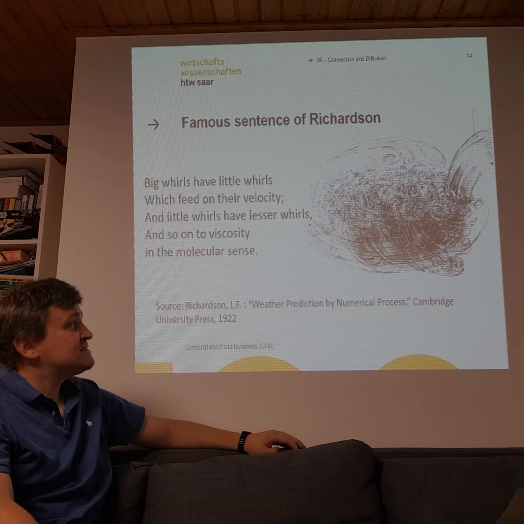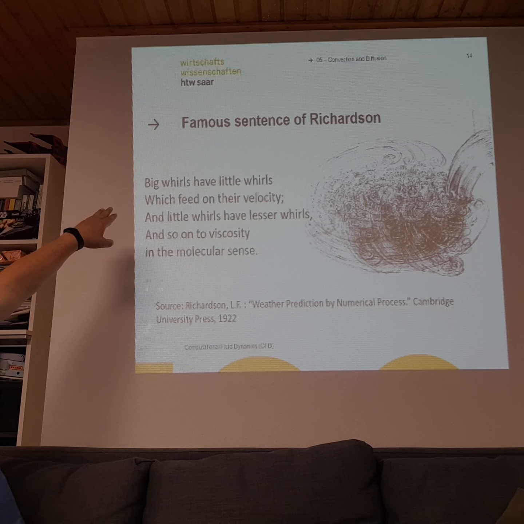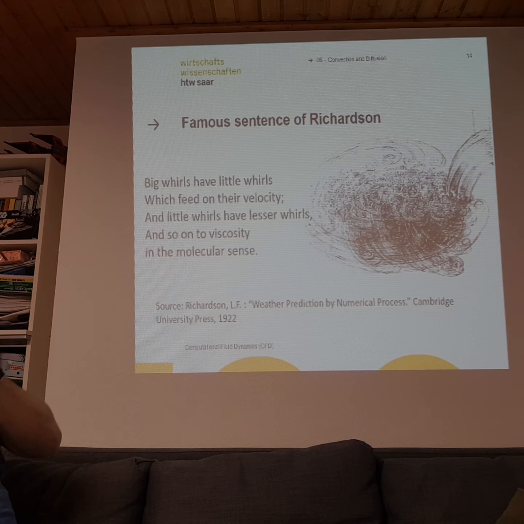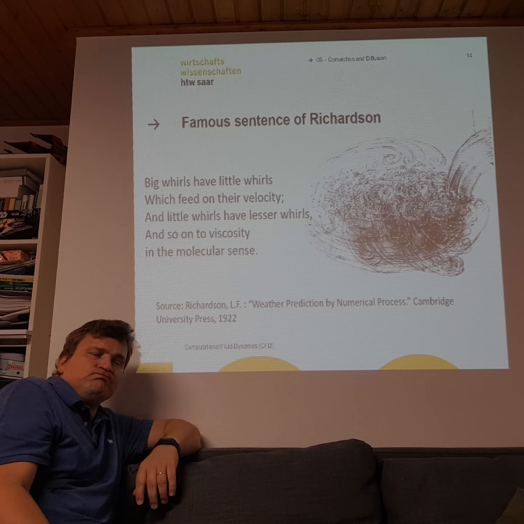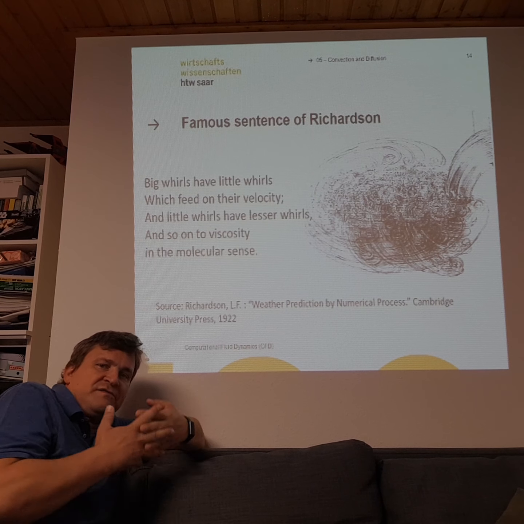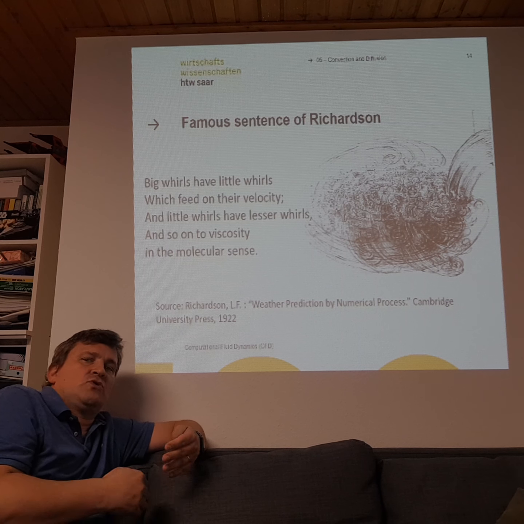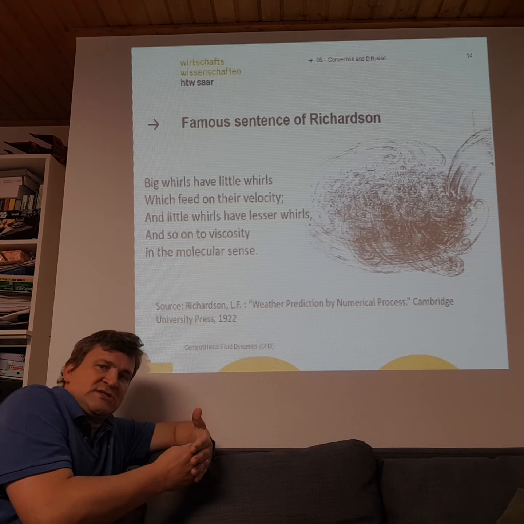It says: big worlds have little worlds which feed on their velocity, and little worlds have lesser worlds, and so on up to viscosity in the molecular sense. So our effect of diffusion, our effect of turbulence is also connected to the effect of viscosity.